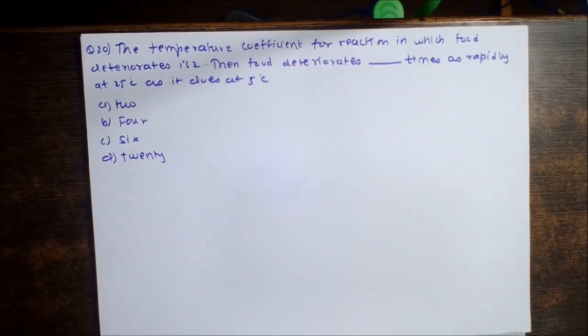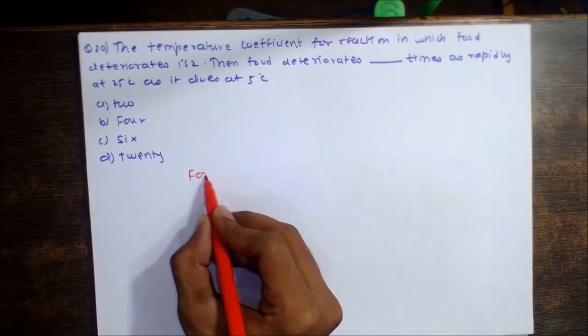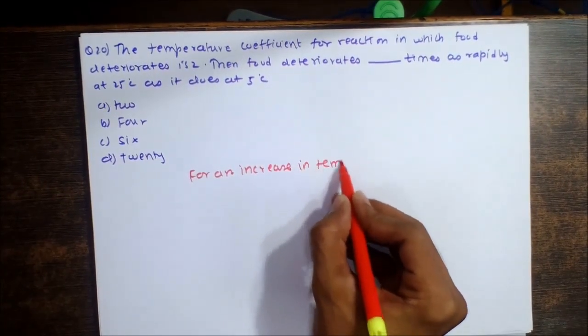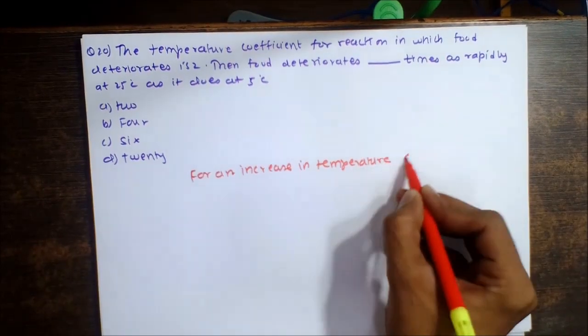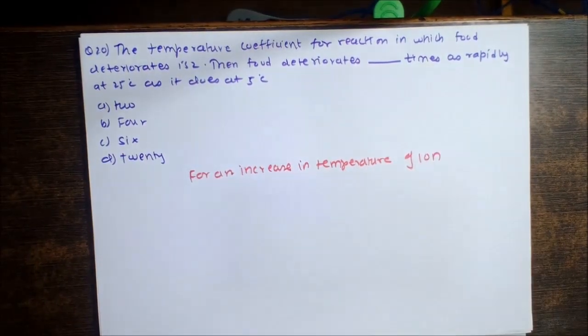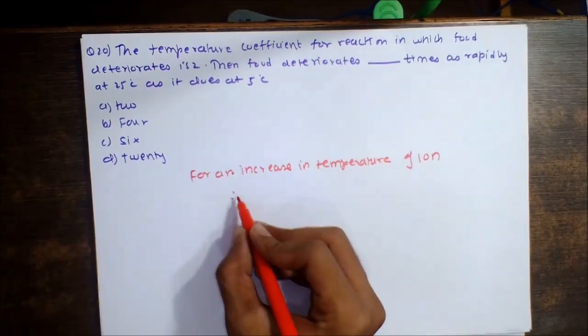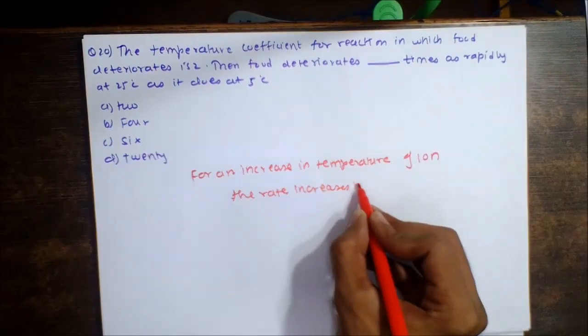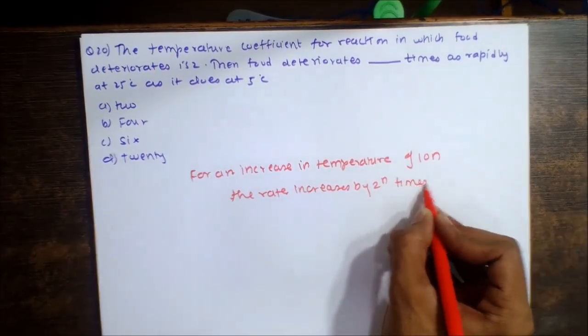Question 20. The temperature coefficient for reaction in which food deteriorates is 2. Then food deteriorates dash times as rapidly at 25 degrees Celsius as it does at 5 degrees Celsius. Now, for an increase in temperature of 10 degrees, the rate increases by 2 raised to n times.